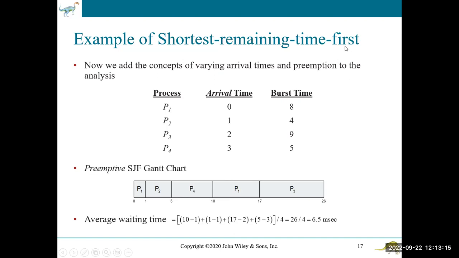Shortest remaining time first. So if you are predicting CPU bursts and then you use shortest first, the shortest is 1.